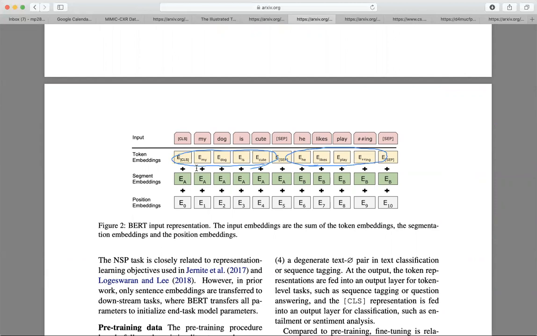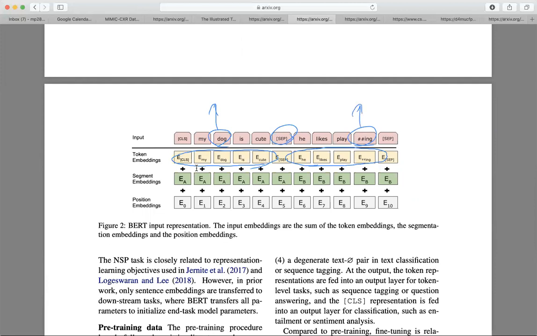So they're cutting playing into play and ing, some word splitting scheme. There's a sentence separator here, and basically you can mask this one out and then mask this one out, and then try to predict whether this should be dog or whether the true identity is ing.